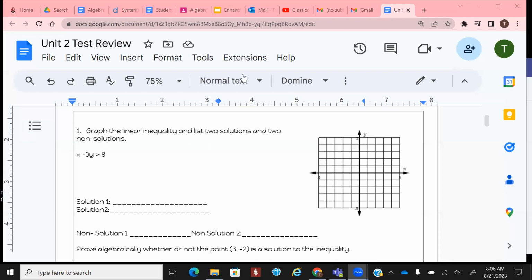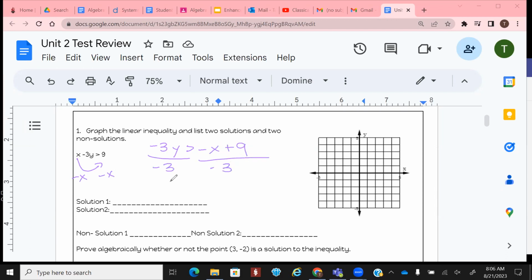Okay. So on number 1, it says to find the solution and graph it, right? The first thing that we always have to do is put it into y equals mx plus b. So we're going to move that x to the other side by subtracting. And then we're going to divide by -3.